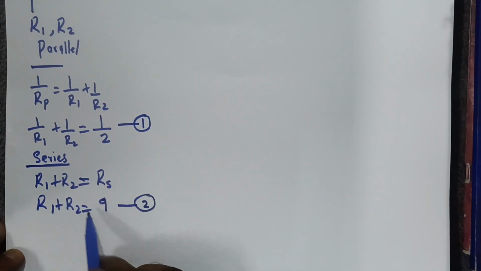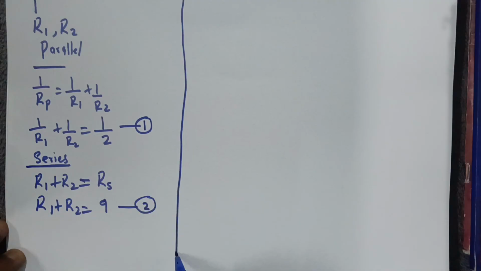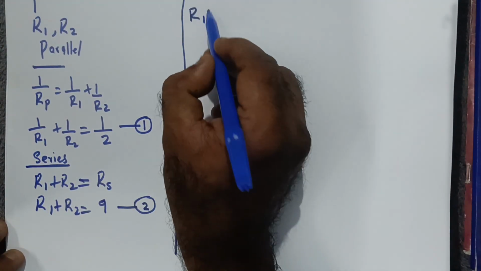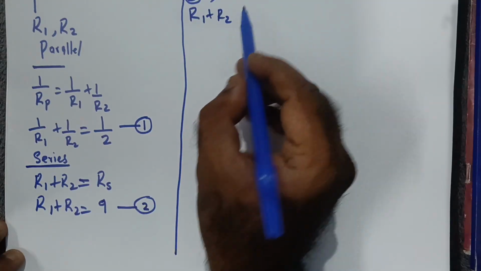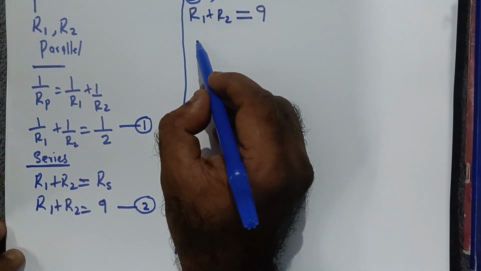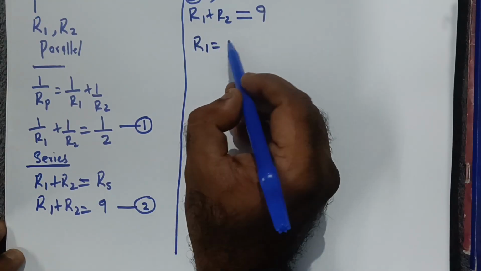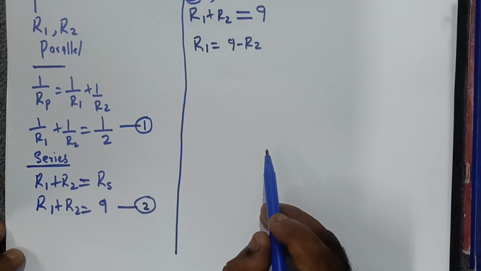So, let us start with equation 2, right? It's simple. So, from equation 2, R1 plus R2 equal to 9. So, R1 equal to 9 minus R2, right? R1 is equal to 9 minus R2.